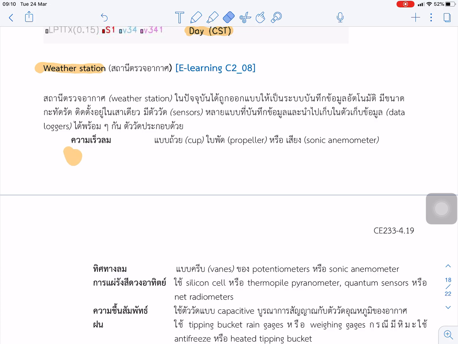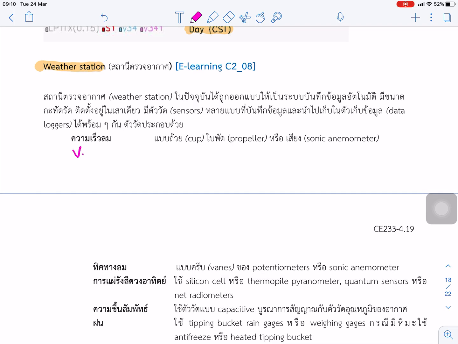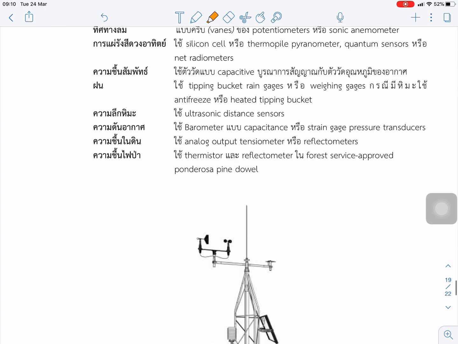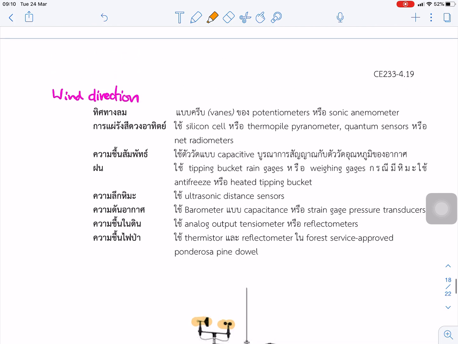For measuring wind velocity and wind direction, we use this instrument.